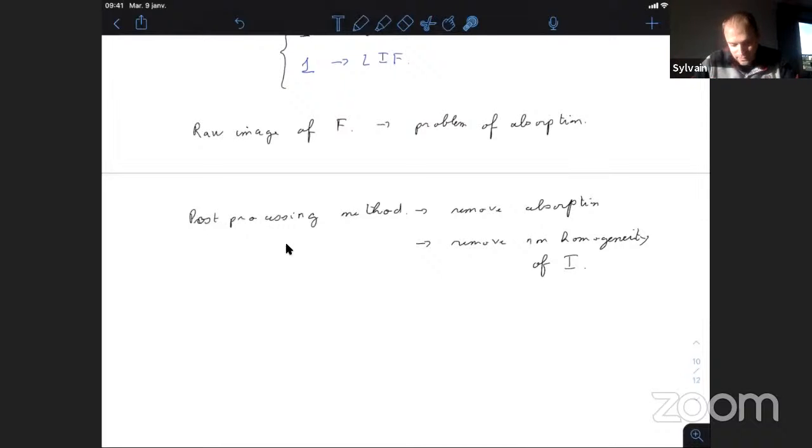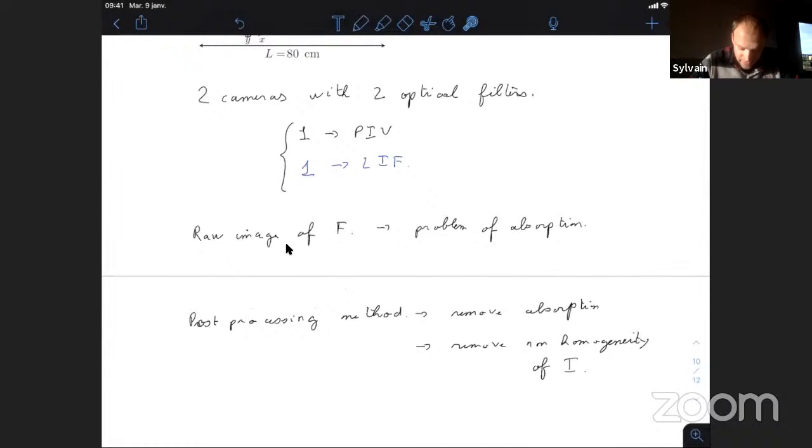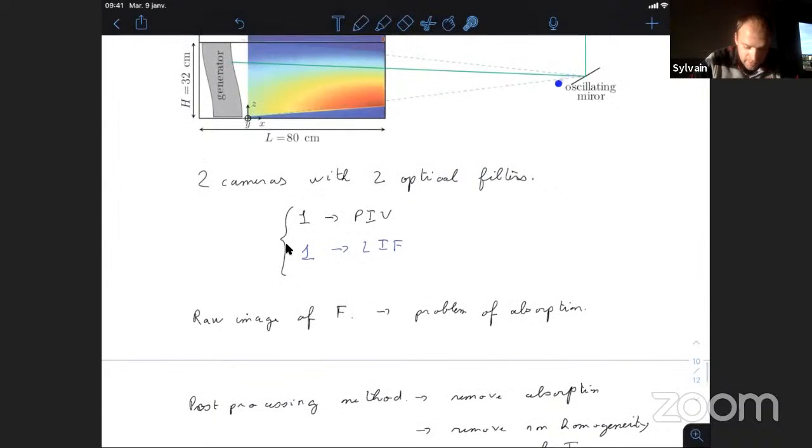There are different techniques to do that. To remove the non-homogeneity of I, this is why we first use an oscillating mirror. And the second is that we use a fluid where the index of refraction has been matched and is the same everywhere in the tank using ethanol.